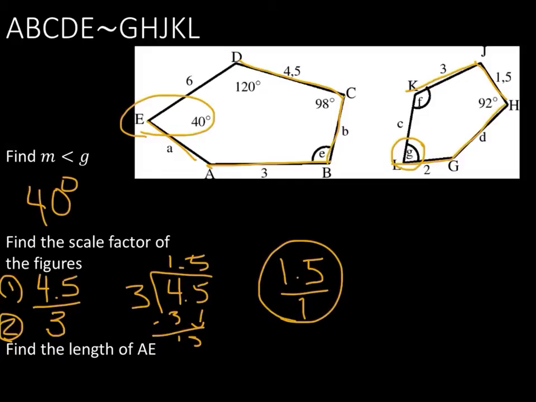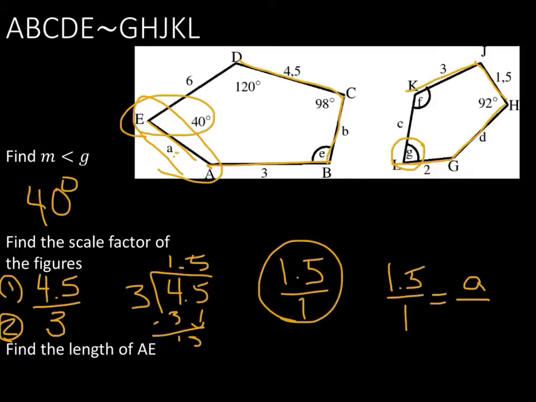We need to find the length of AE. AE is this length right here. So we're going to set this up. We're going to use our scale factor, 1.5 over 1, and set up a proportion. Now remember, this is shape number 1, shape number 2. So shape number 1 on the new side, I want to write up here.